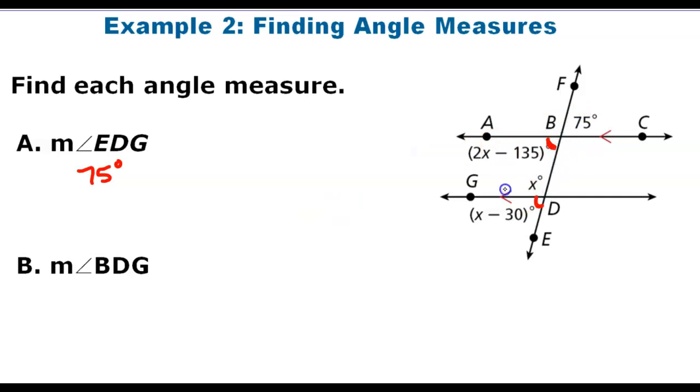So BDG is this angle X right here, or this green angle that I just labeled. BDG and EDG form a straight line. So we know that this angle 75 would have to be added to some number to get 180, and that would be 105 degrees. So this angle right here would be 105 degrees.